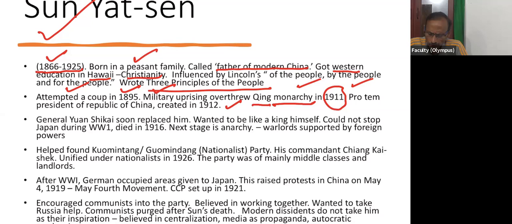He was not in the country at that time either. Because people had respect for him, he was made pro tem president of what was called the Republic of China, which was created in 1912.